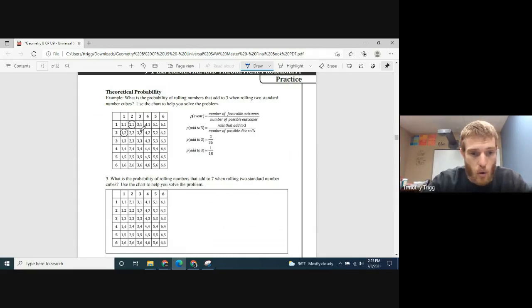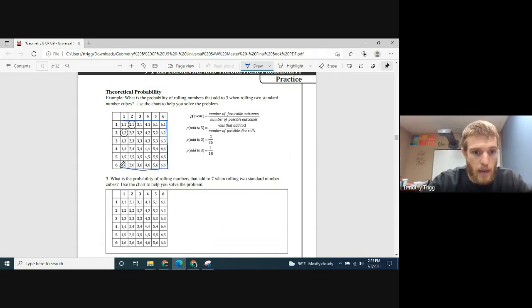And you could see these are all the possible outcomes. So you could roll 4 and a 3, you could roll a 2 and a 5, you could roll a 6 and a 6. So how many possible outcomes are there when rolling 2 dice? Well, you can see in the grid how many different outcomes there are.